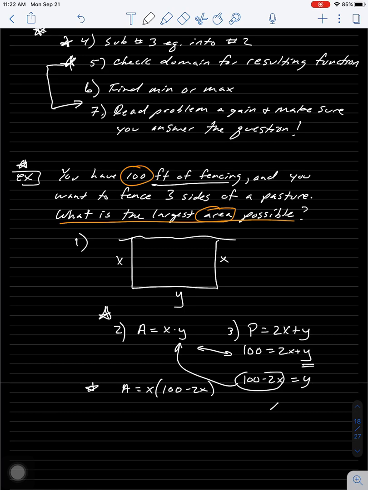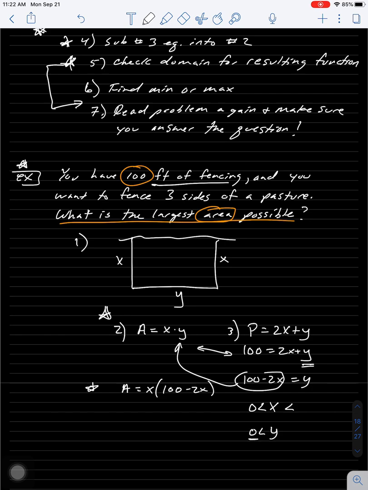So x has to be bigger than 0, right? I mean, you can't have a negative length. Okay, and then often you can find the maximum for x by saying, what if the other variable is small, like 0? So y's smallest is 0 too, right? It has to be positive, greater than 0.